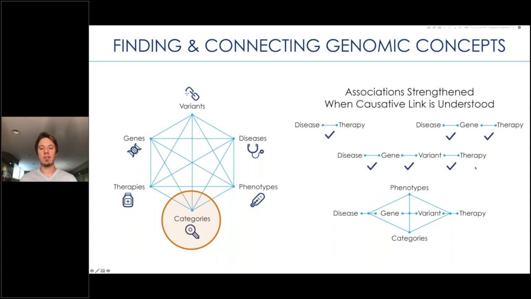But causative links between these different concepts are strengthened and really become well understood when you can add more entities or more information from the evidence to these associations. So while a disease therapy association is a great start, it gives you a hypothesis which you can then start to investigate and build upon.